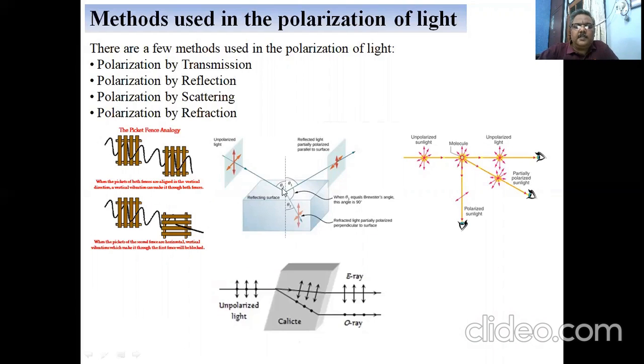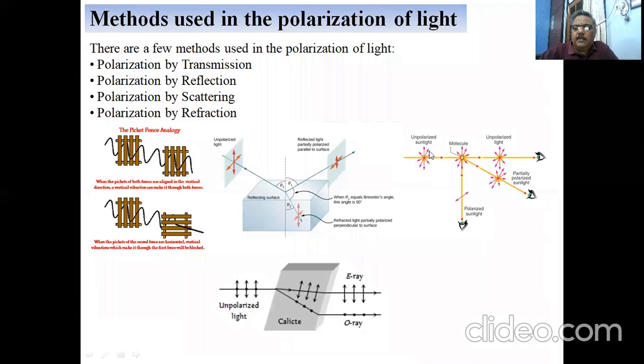Similarly, polarization by reflection: if a reflection takes place from a denser medium at a certain angle, that angle is called the Brewster's angle. So if reflection is taking place from a denser medium at the Brewster's angle, the reflected light will be partially polarized.